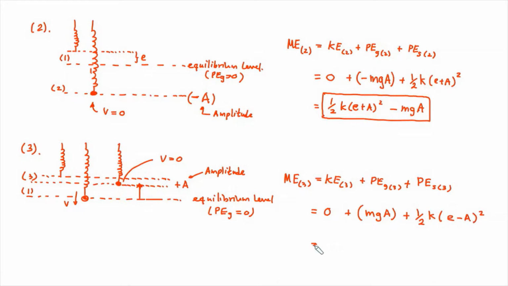So then we'll have finally 1/2 K (E minus A) squared plus mgA as the total mechanical energy of the system when the mass is at its highest point. So level 3 is for the highest point.